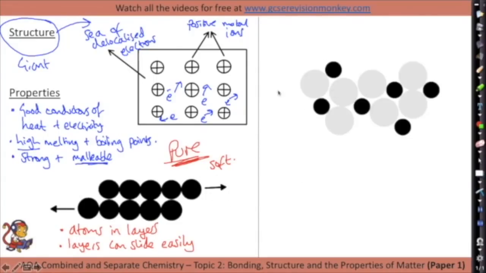However, to make metals a lot harder, we can make them into an alloy, and an alloy is a mixture of metals. So you can see here that you've got different sized metal atoms.